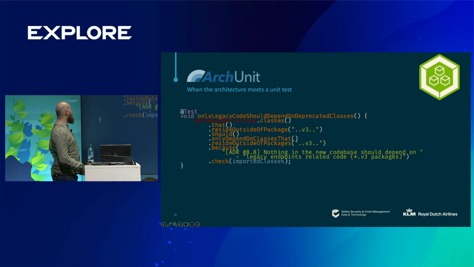Here's another example of something that we could do with ArchUnit. When we did this rewrite, there was still the front end of the application. The back end of the application was rewritten, but we had to keep API compatibility. So that means some of our code base needed to be migrated to the new code base to be API compatible.